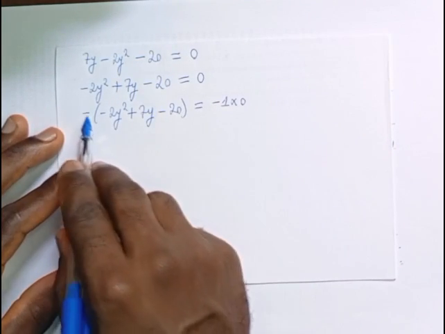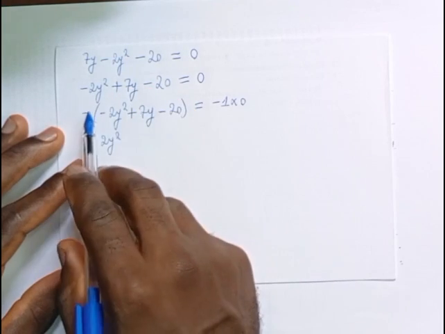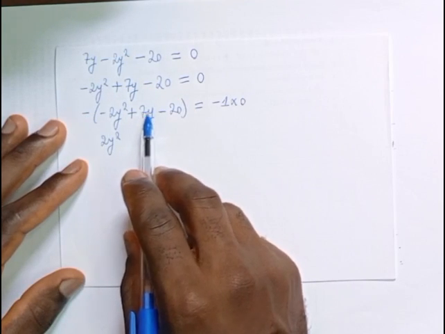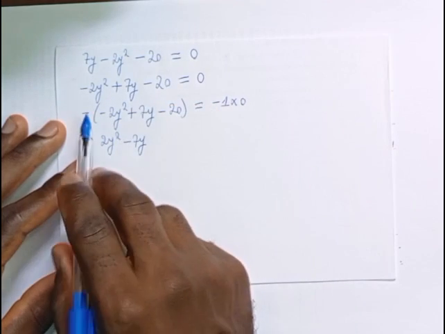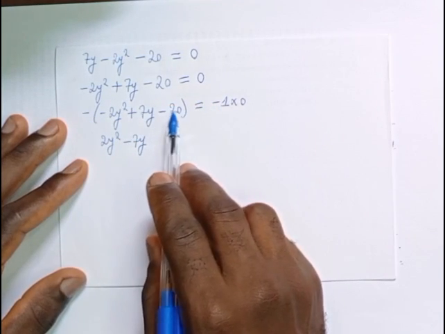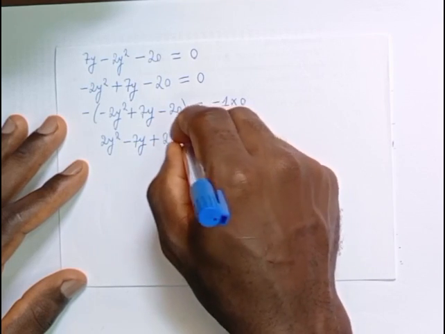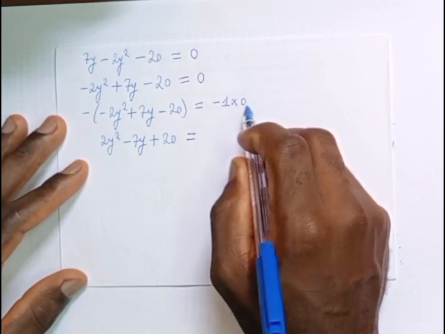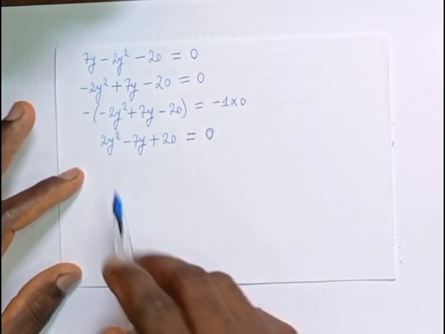Expanding this bracket, negative 1 times negative 2y squared gives us 2y squared. Negative 1 times 7y gives us minus 7y. Negative 1 times negative 20 gives us plus 20. We equate this to negative 1 times 0, which gives us 0.